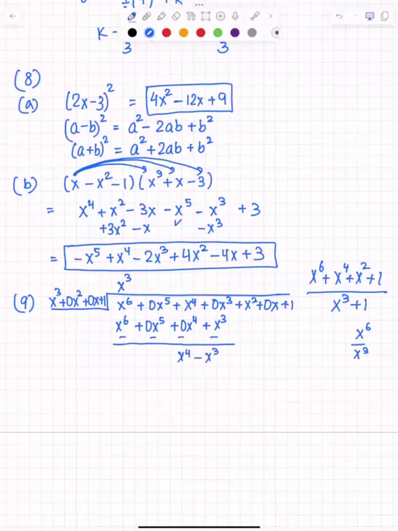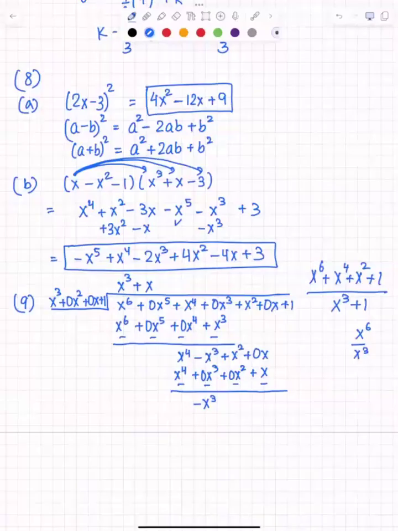There are 4 terms there, so let's bring down 2 more: x squared plus 0x. x to the 4 divided by x cubed is x. Multiply with each: plus 0x cubed plus 0x squared plus x. Change the signs. Add. You get minus x cubed. Remember, it's 0x, basically 0. So it's just minus x cubed.